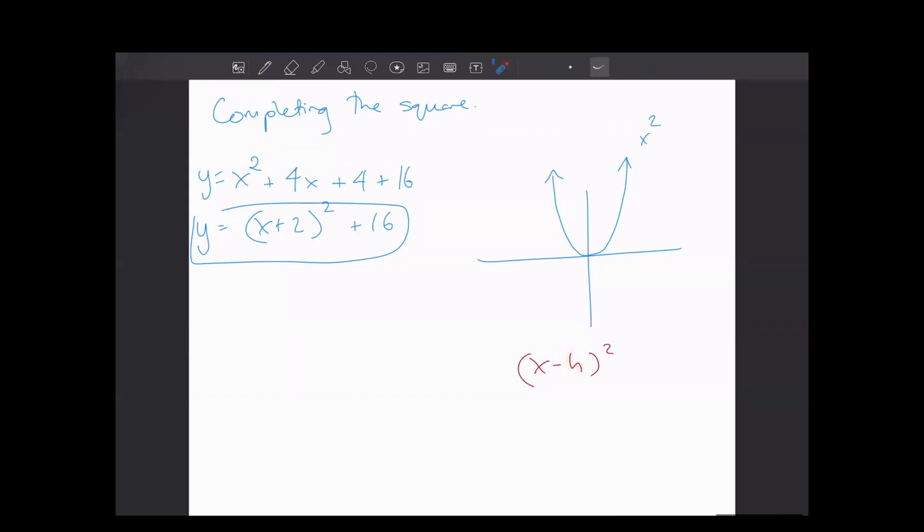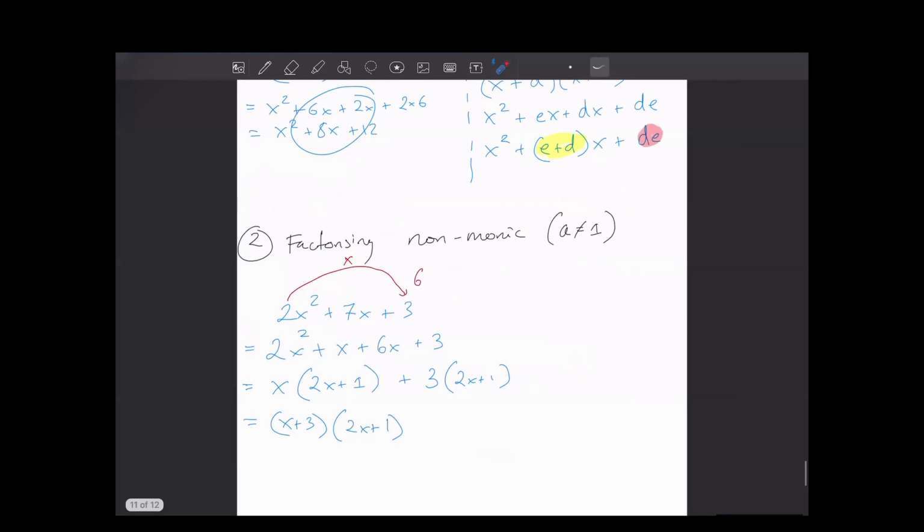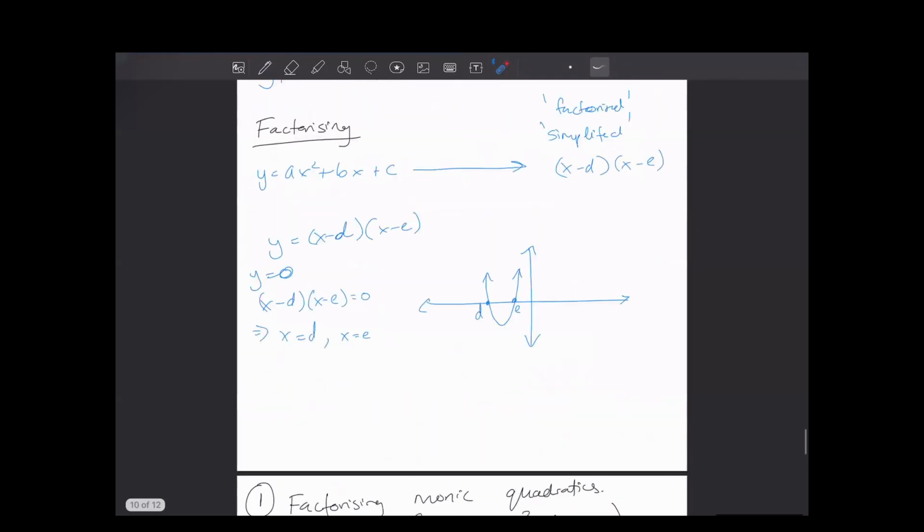You tell me why though. If I have this graph, y equals x minus h squared, where's my x-intercept? I'm not sure. That's okay. So remember this technique.